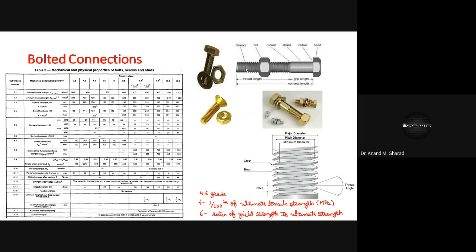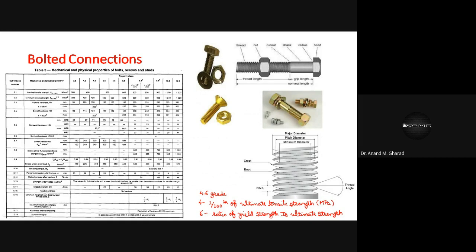This is a typical bolt which you will come across in any structural steel connection. These are very common nuts which you have used in your day-to-day life, I hope, for small fixtures, even doors or some furniture fixtures. You make use of such type of, you can say, black bolts.